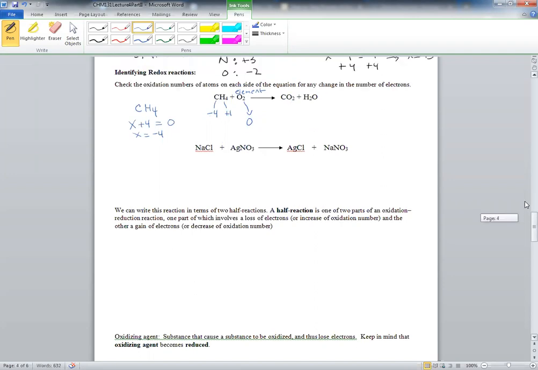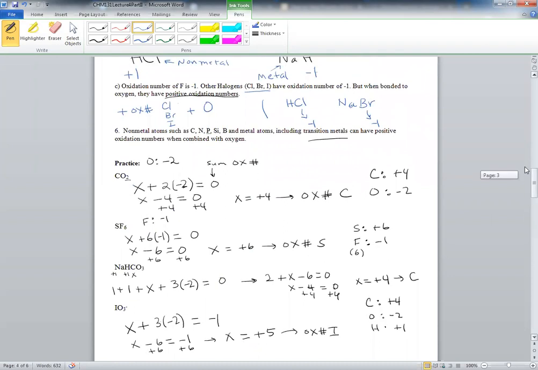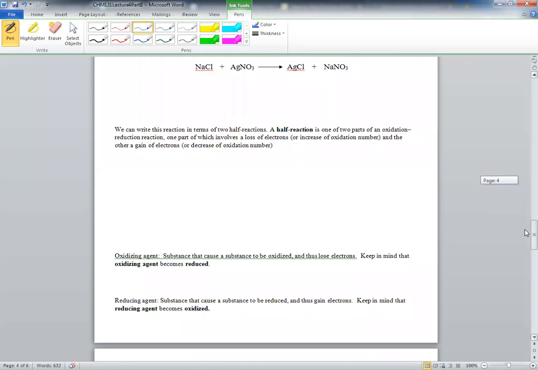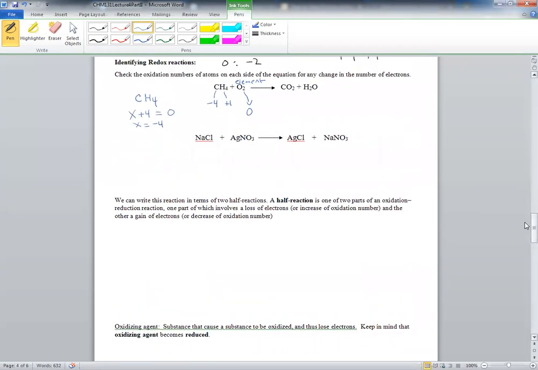Let's look at it rather than solving it to save some time. Well, CO2 came out to be, C was a +4 and O was a -2. So C is now a +4 and O is a -2.